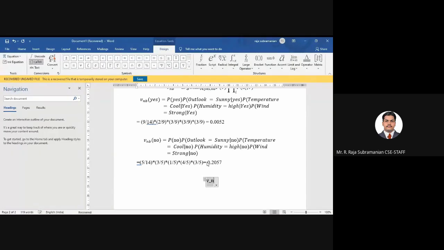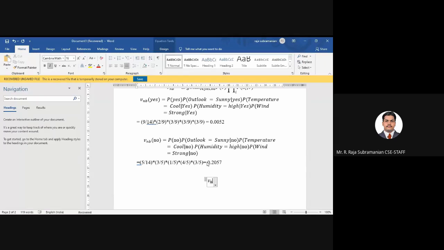So I can take V_NB is equal to argmax of either S or no. For S, it is 0.0052 and for no, it is 0.2057.